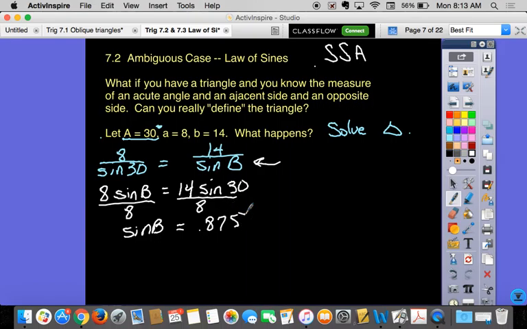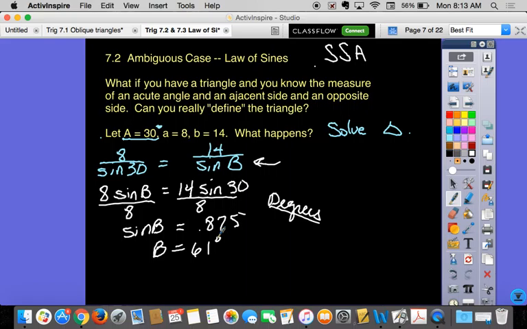Remember, to get rid of sine, that's inverse sine. By the way, we do need to be in degrees here. The law of sines and law of cosines work in degrees, not radians. So this is going to be 61 degrees. There's some change there, but if we round it to match significant digits, we're staying at 61.